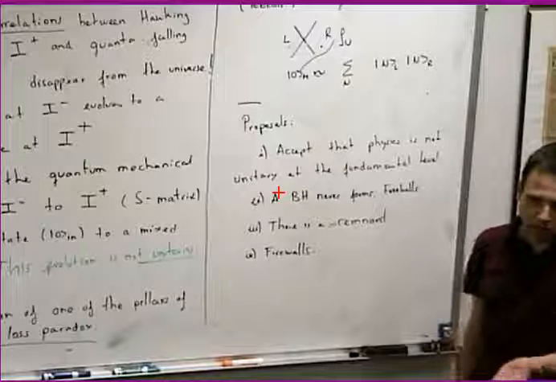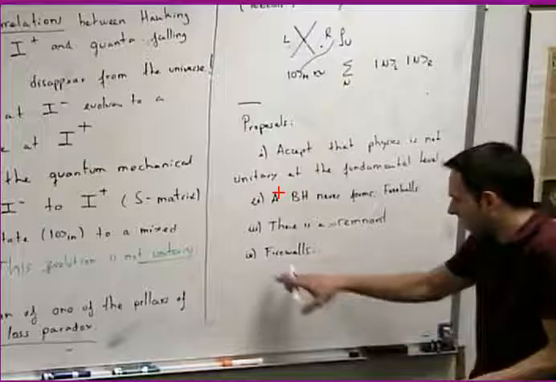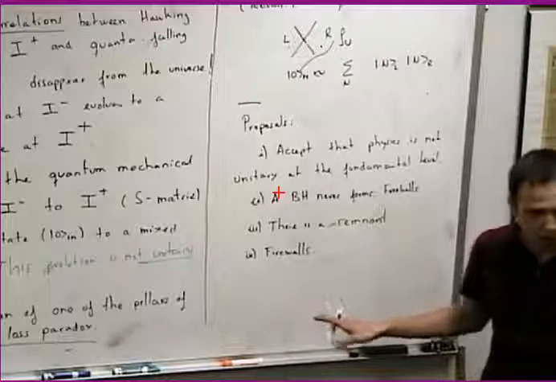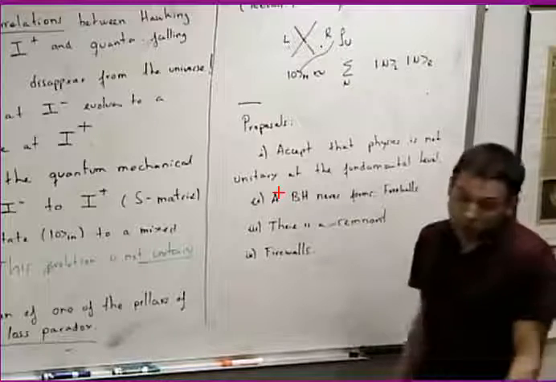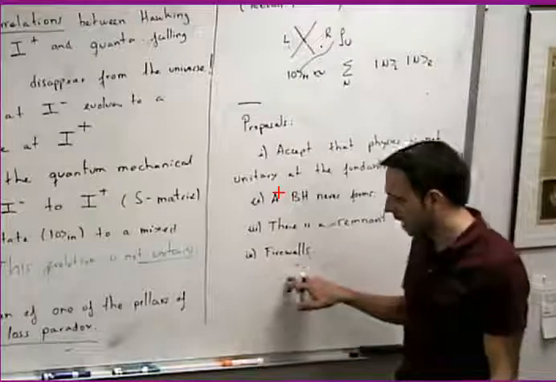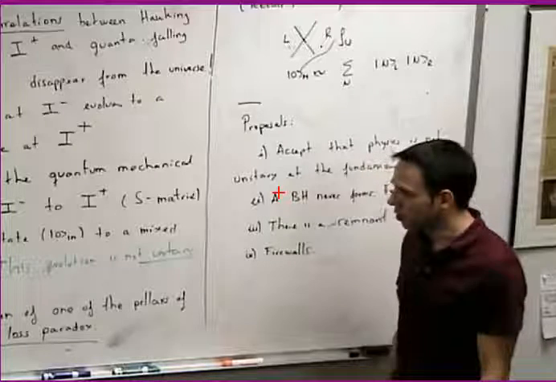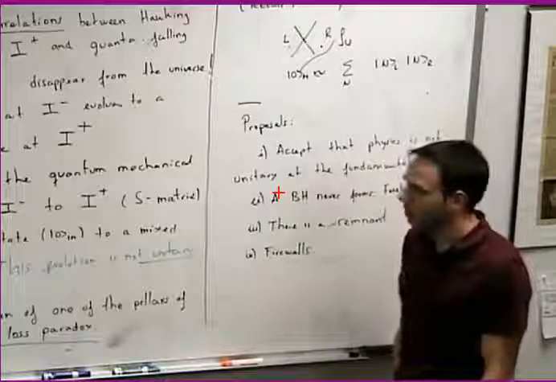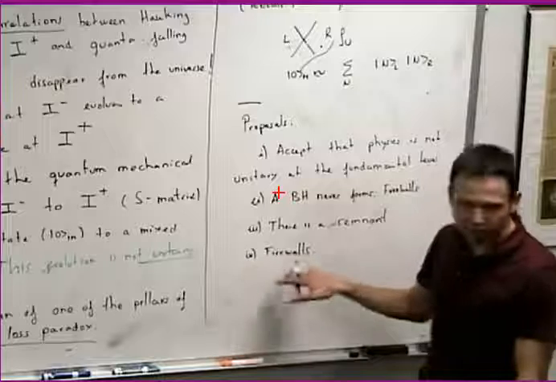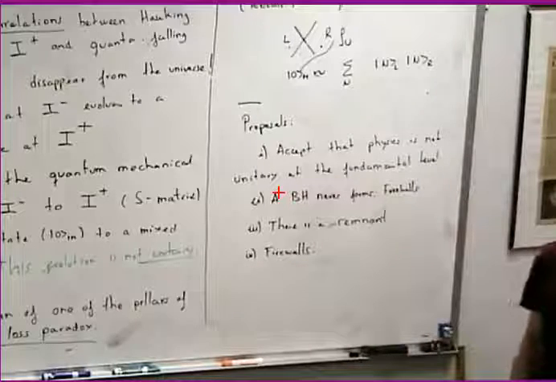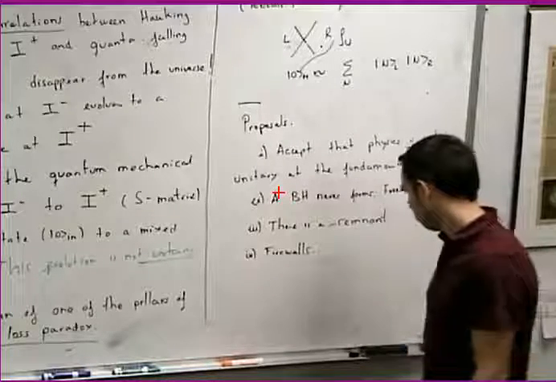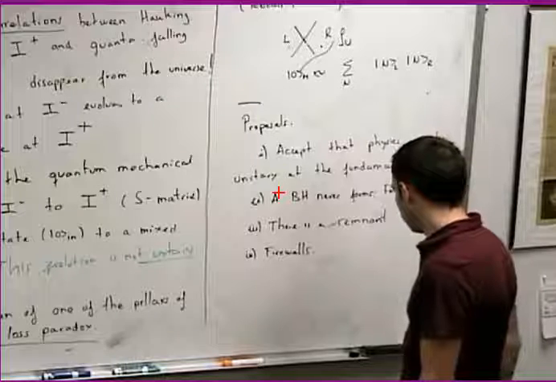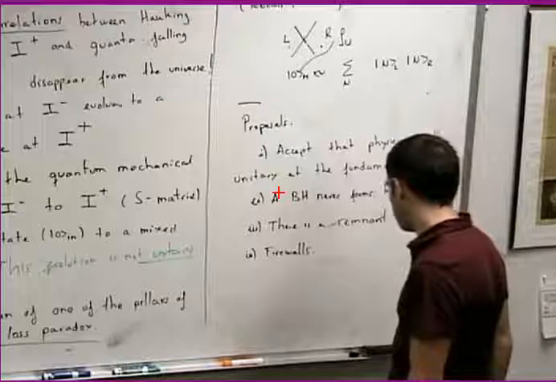Most of the initial proponents don't really believe that something like a firewall is going to happen, but maybe some believe. The idea is to show that, in order to recover unitarity, you will have these extreme consequences.